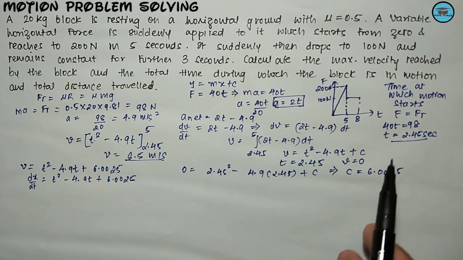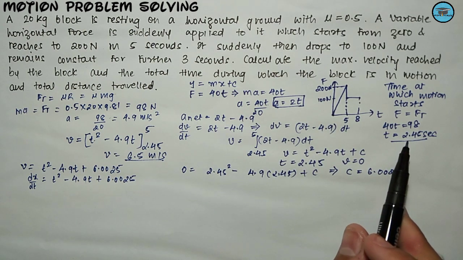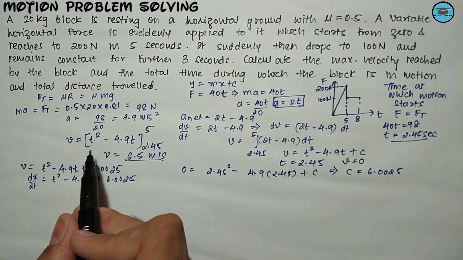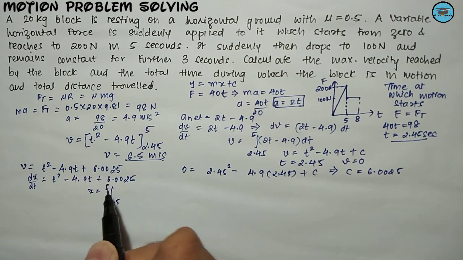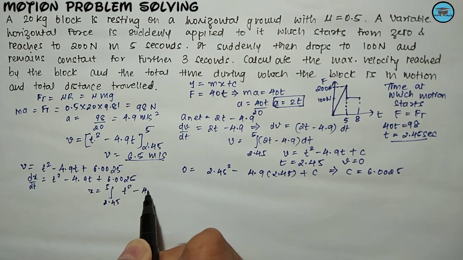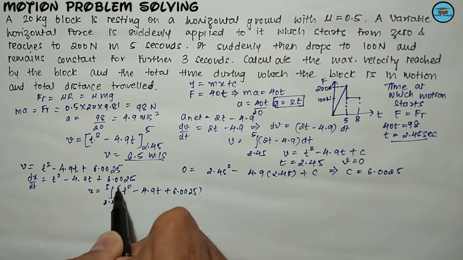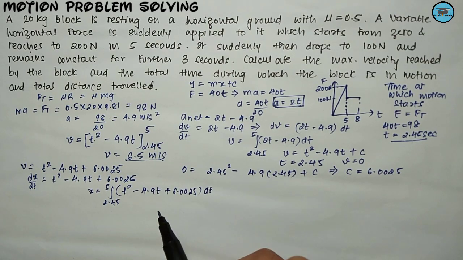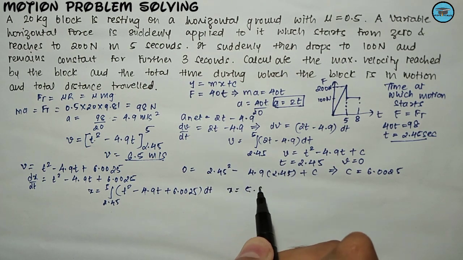The motion will start at t equals 2.45 seconds, so the lower limit will be 2.45 seconds and the upper limit will be 5 seconds. So x is nothing but the integral from 2.45 to 5 of t square minus 4.90 plus 6.0025 into dt. Solving this, we get the value of x as 5.53 meter.